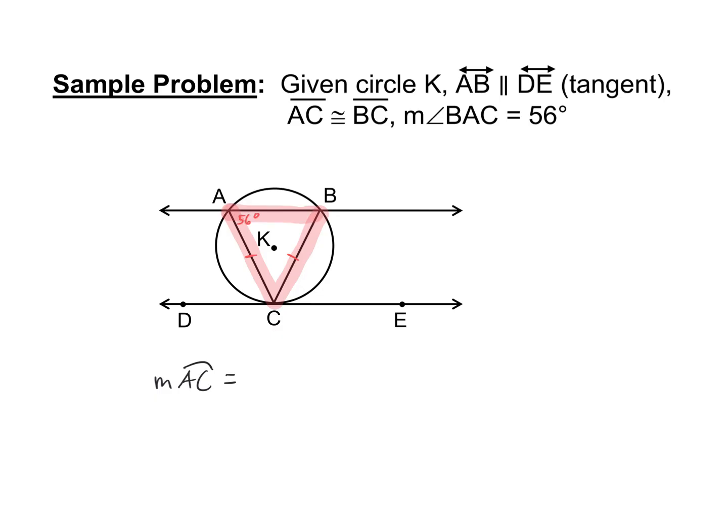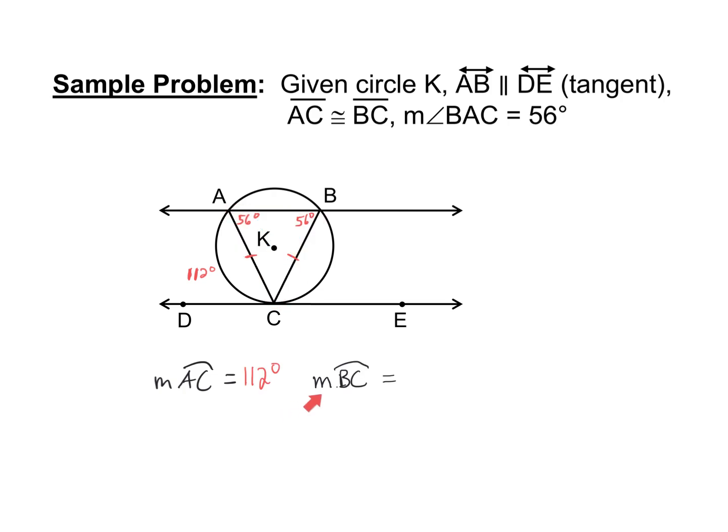And we know that for an isosceles triangle, if these two sides are congruent, their opposite angles are also congruent. So I know that this angle here is also 56 degrees, which then makes the arc that we're interested in twice 56, which would be 112. It's 112 degrees because it has to be twice this. This 56 has to be half of this. So this one must be 112.